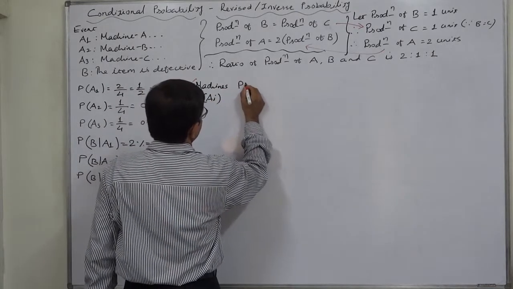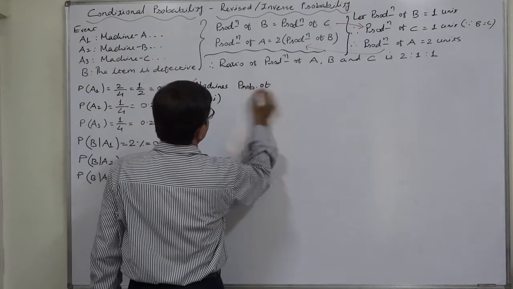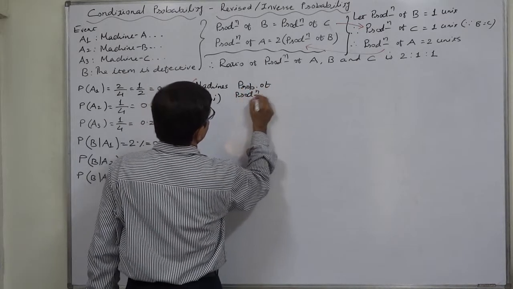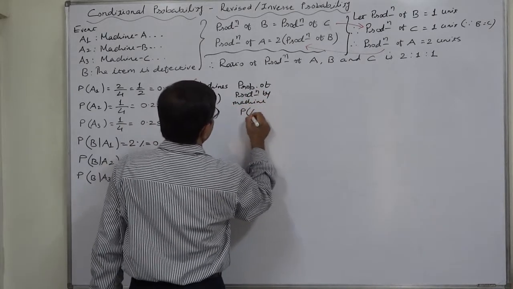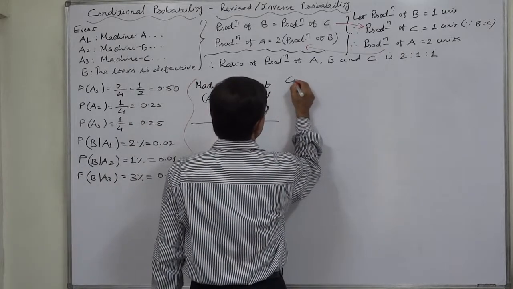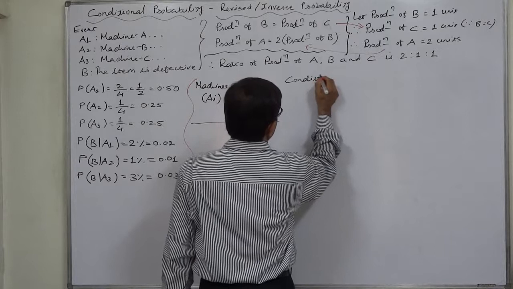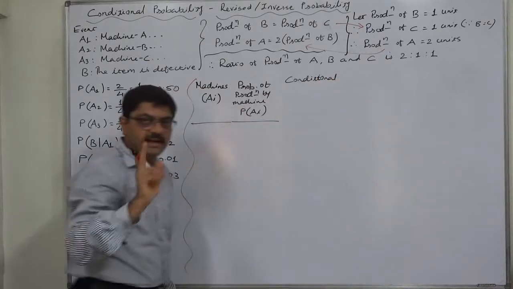Probability of machine, or probability of production by machine. That is P of AI. Then conditional probability. This order is to be maintained every time.